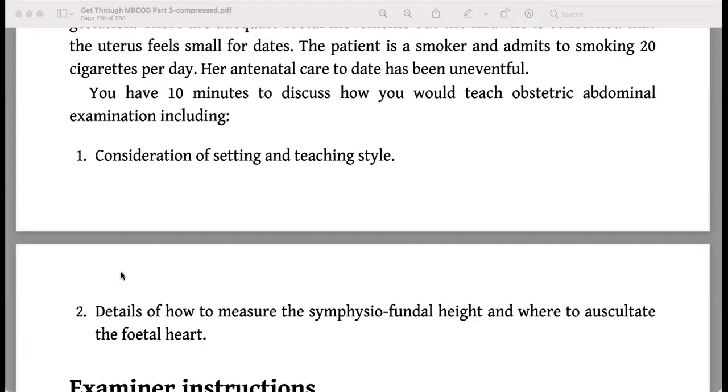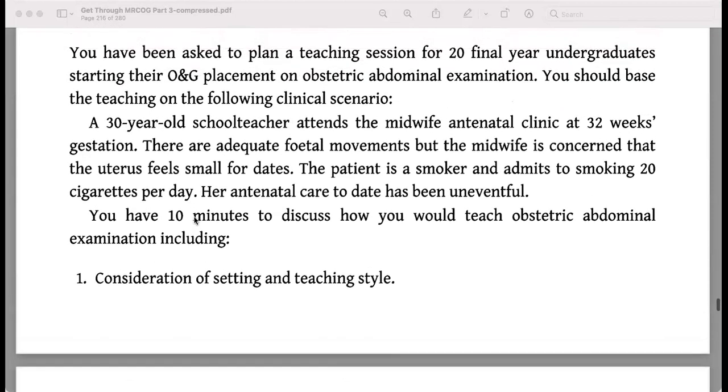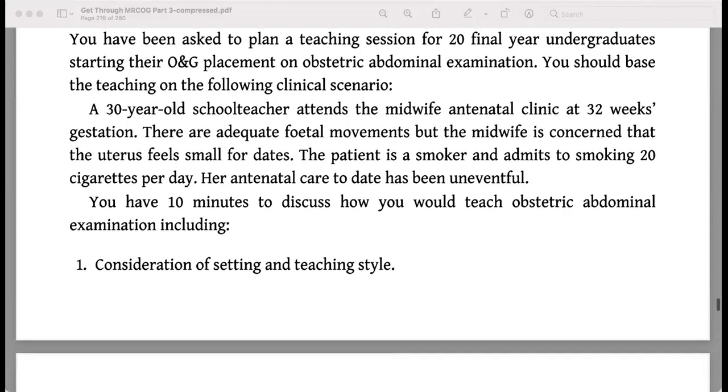So for this particular group of candidates, you have 20 undergraduate candidates, and with this large number, it will be very difficult to run a teaching session in the antenatal ward, for example, right? So yes, you have advised that you may find a place for the teaching, with equipment, as you have said, to help you deliver your message, right?